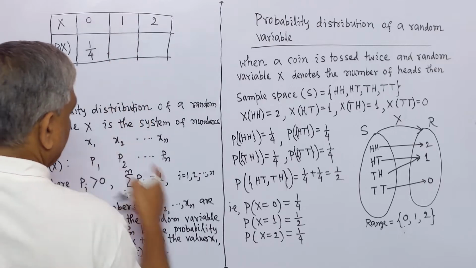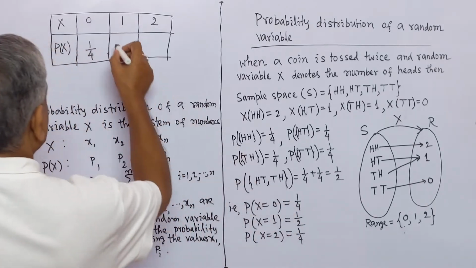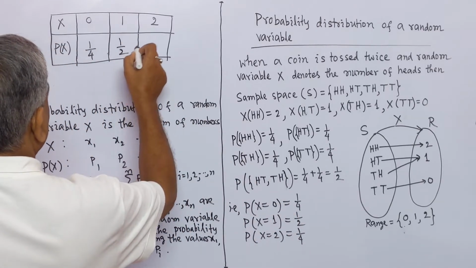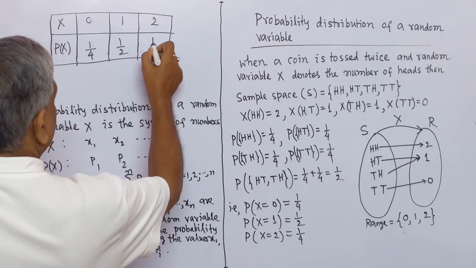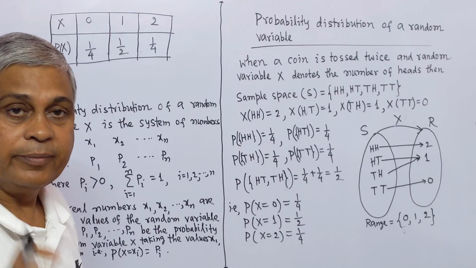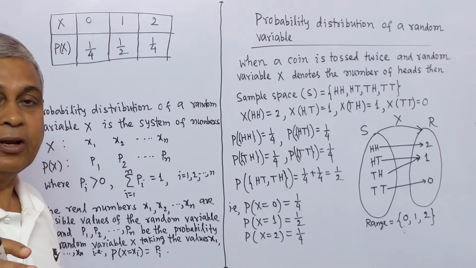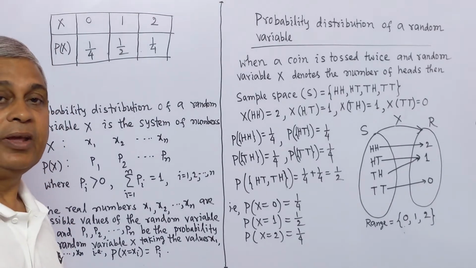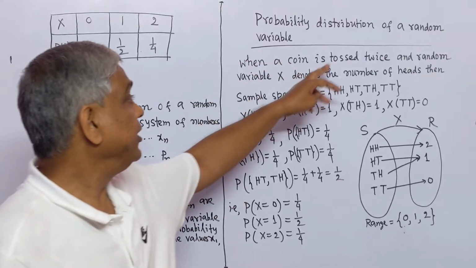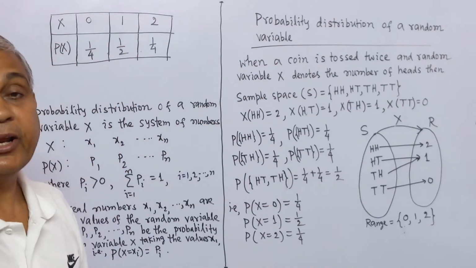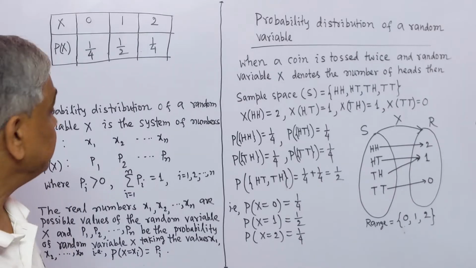When X equals 1, probability is half. When X equals 2, probability is 1 by 4. And this table is called the probability distribution of the random variable X.